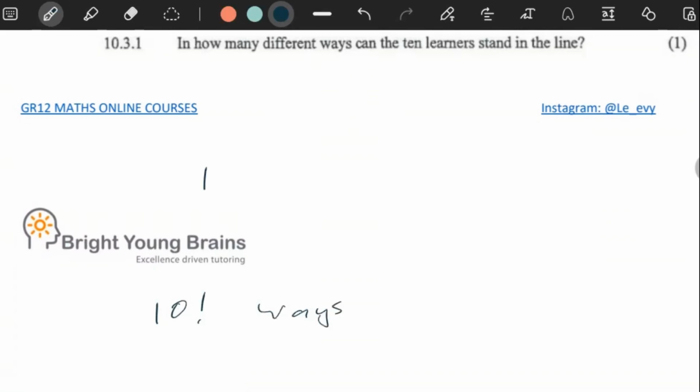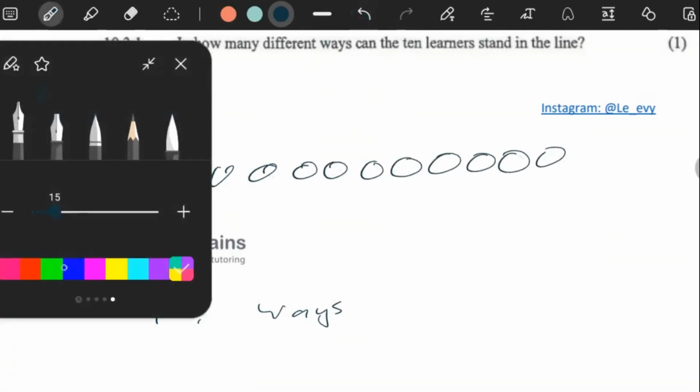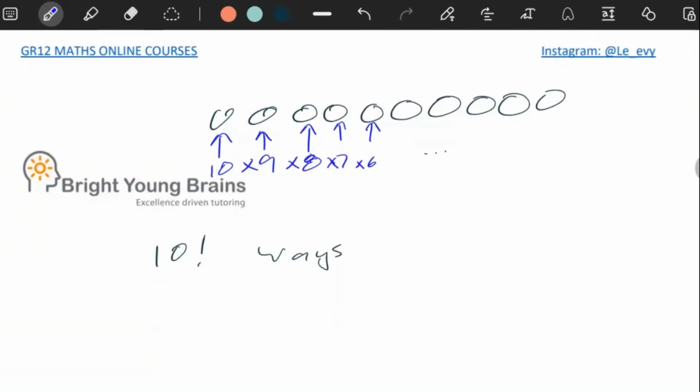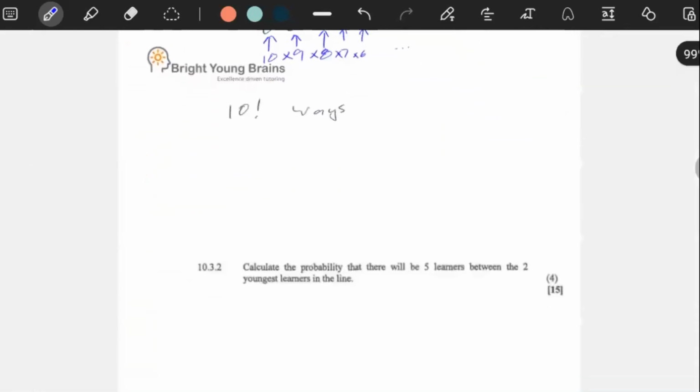You see, because you have 10 slots, 1, 2, 3, 4, 5, 6, 7, 8, 9, 10 positions. There's 10 options here. Once one person goes in the front, there's 9, and then 8, and 7, and then 6 going onwards. So that's why we know the answer is just 10 factorial.